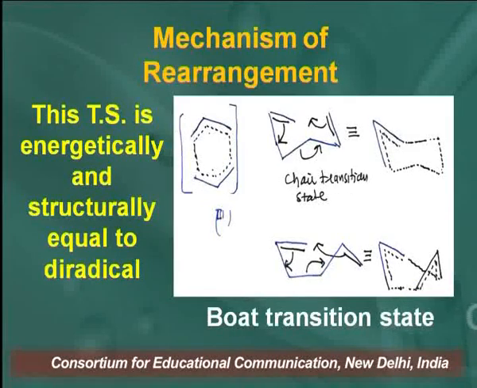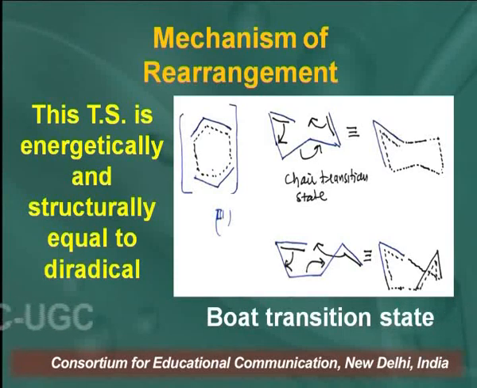Now we will see how the reaction takes place. You are looking at the transition state on your screen, which is a chair form. This transition state is energetically and structurally equal to the diradical. We get two types of transition state here, one is the boat form and one is the chair form.